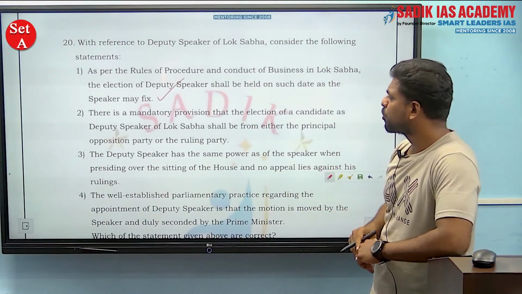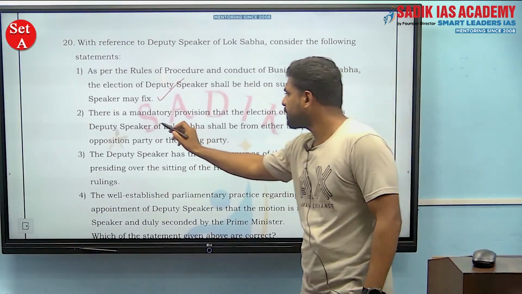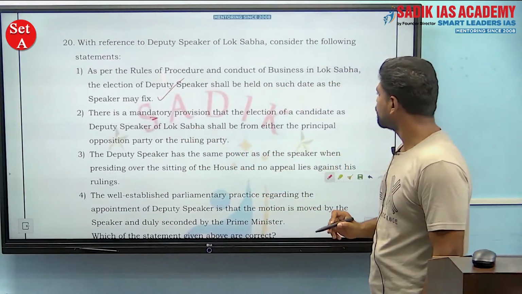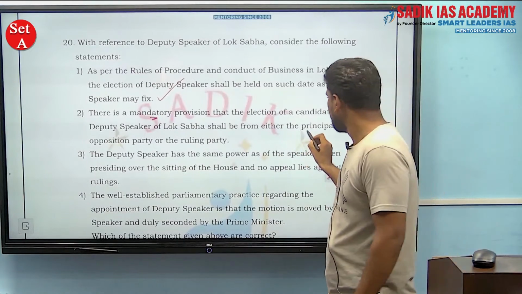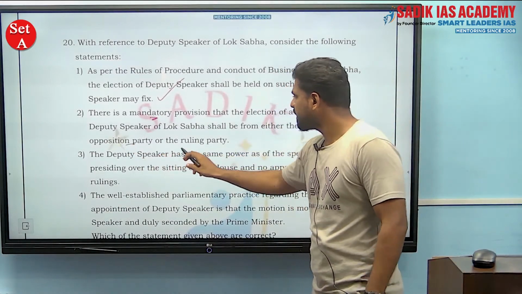What about statement number 2? There is a mandatory provision that the election of a candidate as Deputy Speaker of Lok Sabha shall be from either the principal opposition party or the ruling party.